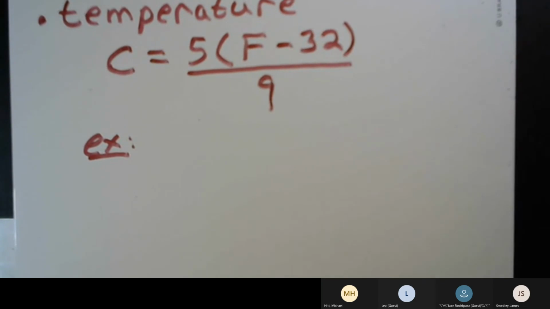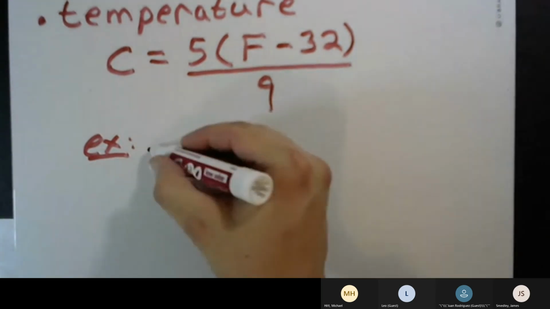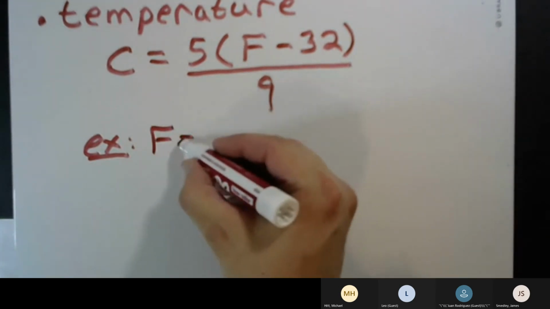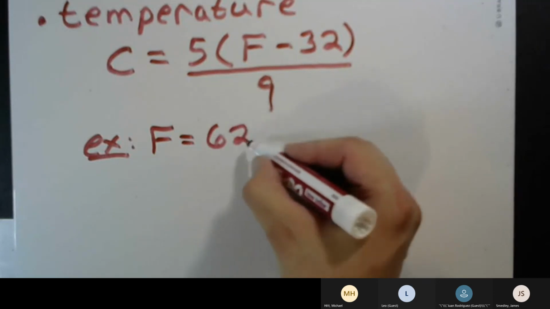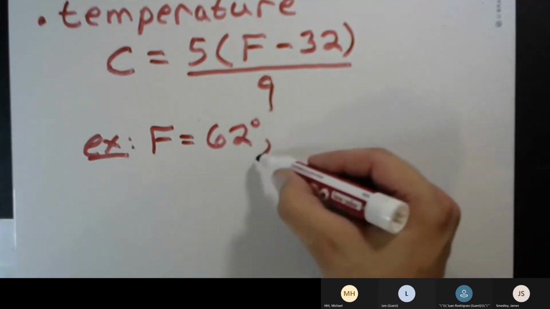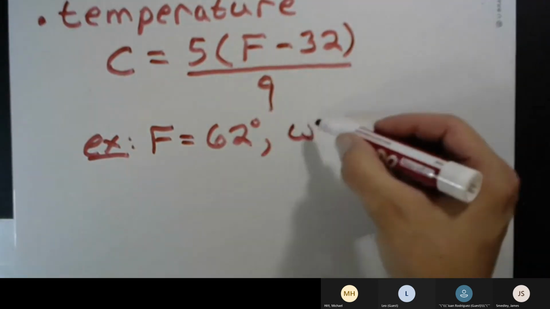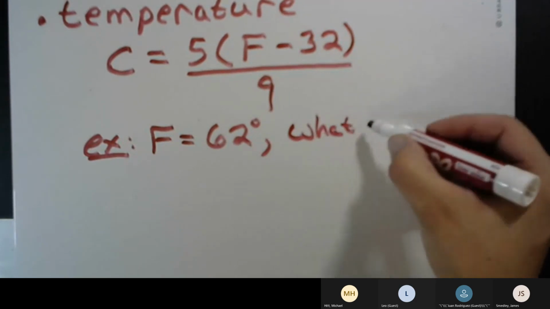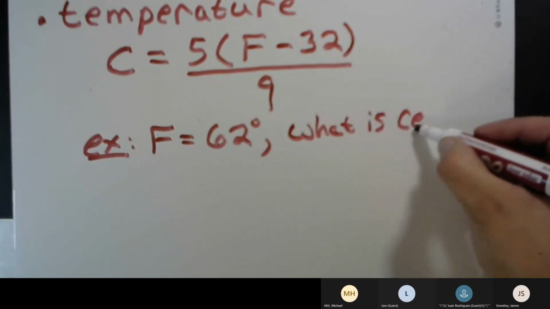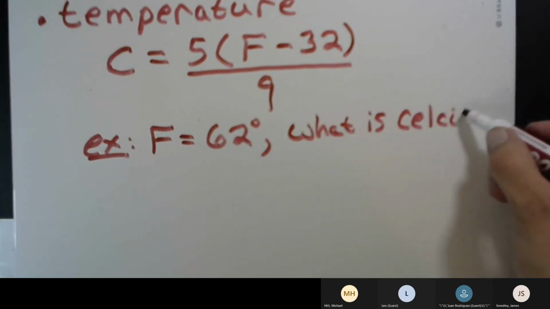So the current temperature is 62 degrees. So if it's 62 degrees right now, and that's Fahrenheit, what is Celsius?